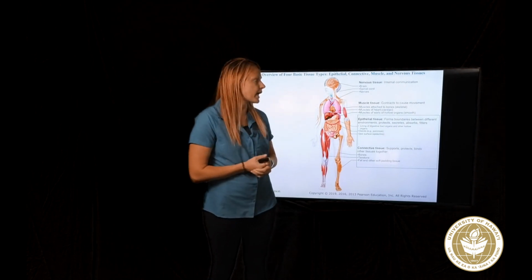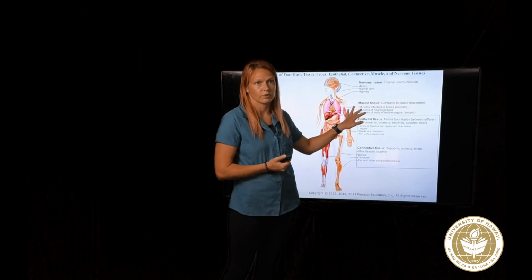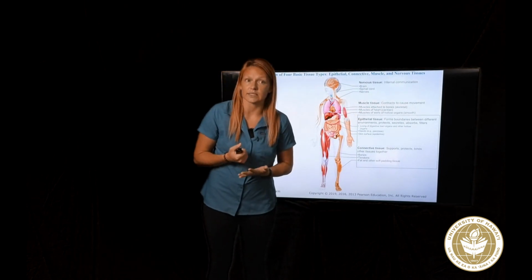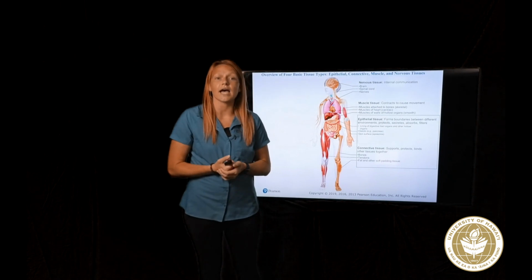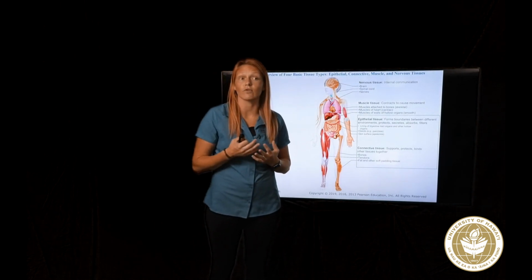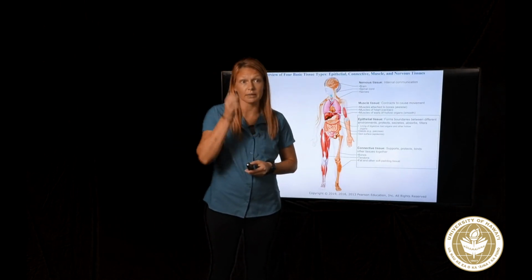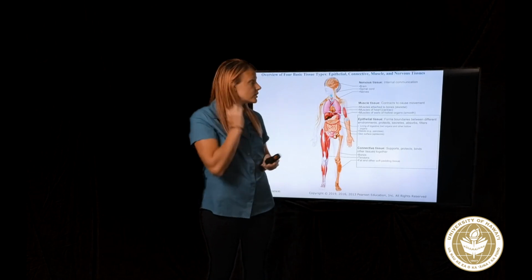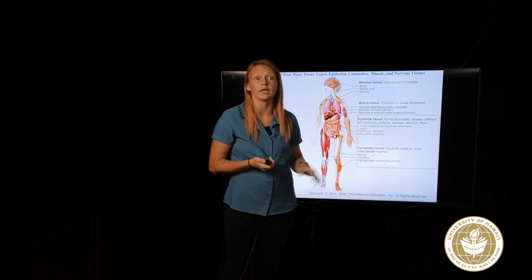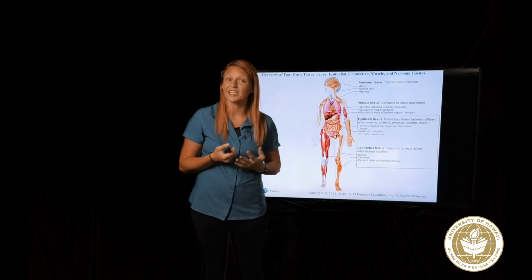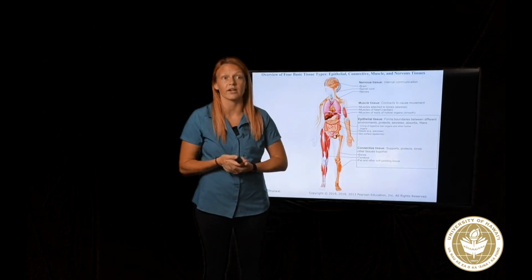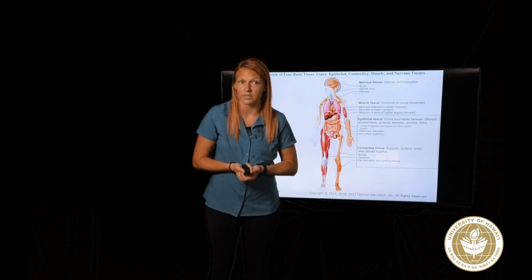So secondly, we have our muscle tissue, which is contractile tissue. We have muscles that are attached to the bones that are going to move our body. They're used for locomotion. We also have muscles in our heart, right? That's going to be our cardiac muscles. They look different than our skeletal muscles under the microscope.